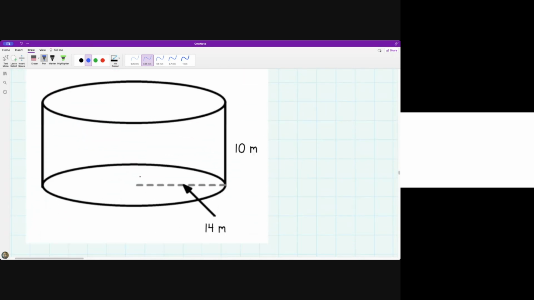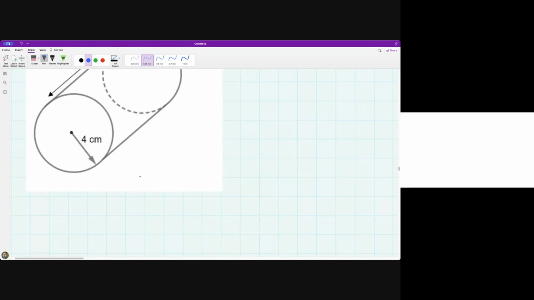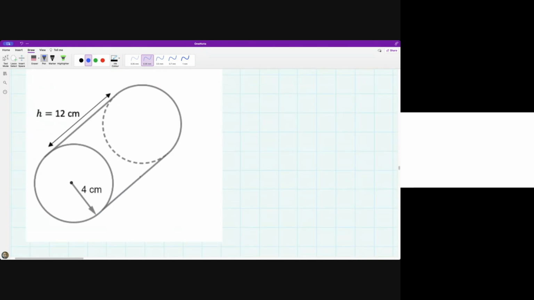Okay, let's see. Are there any other ones? Let's do this. Can you find me the surface area of this cylinder?